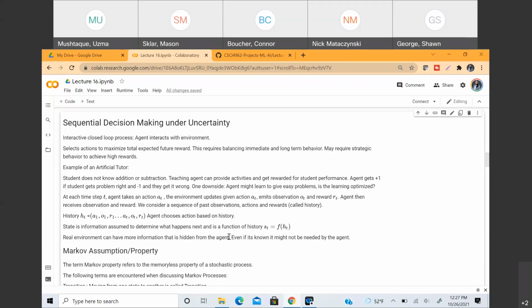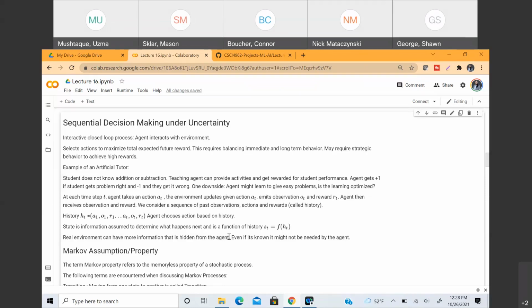The agent is going to get a +1, the numeric reward, if the student gets the problem right, and a -1 if they get it wrong. The action that the agent or the teacher is taking is teaching them some concept, and then asking them to solve a problem. That's a high-level description of what a reinforcement learning system could look like.